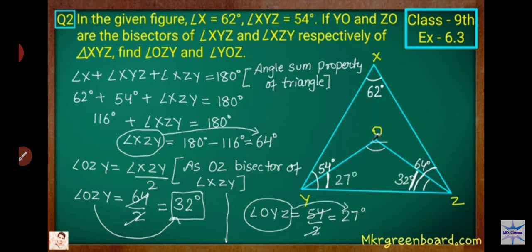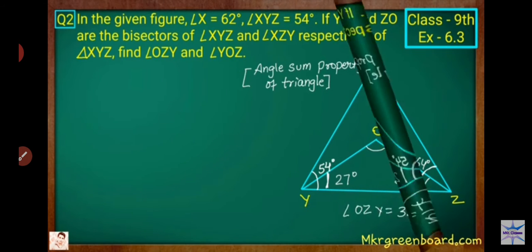Now again we apply the angle sum property of a triangle. Which triangle? OYZ. We know two angles, angle Y and angle Z, and we have to find angle O. Understand?